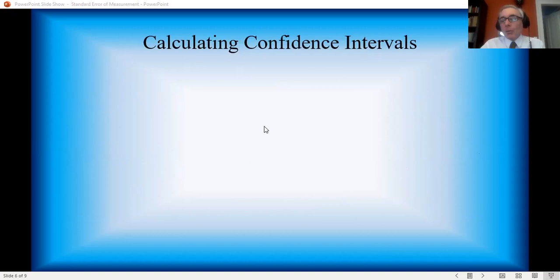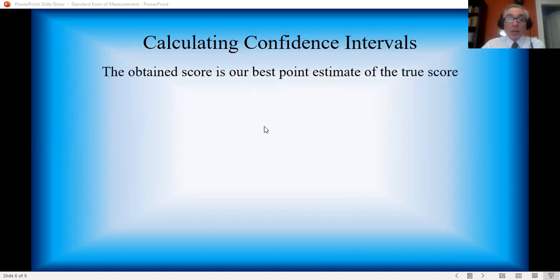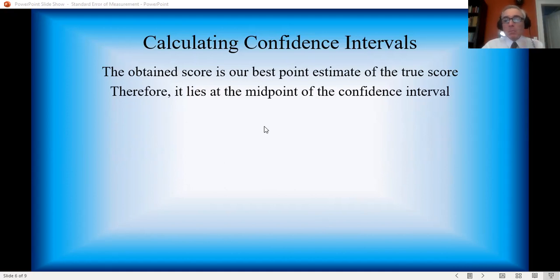Okay. So calculating confidence intervals. It's actually remarkably simple. If you have the standard error of measurement, all you need beyond that is what the person got as a score. Because remember, the score you got is your single best estimate of where the true score is. But there is error around that. So we would typically say that the obtained score is going to be right smack in the middle of the so-called confidence interval.